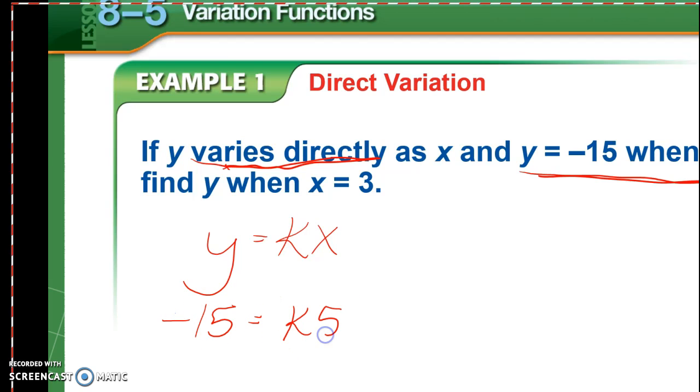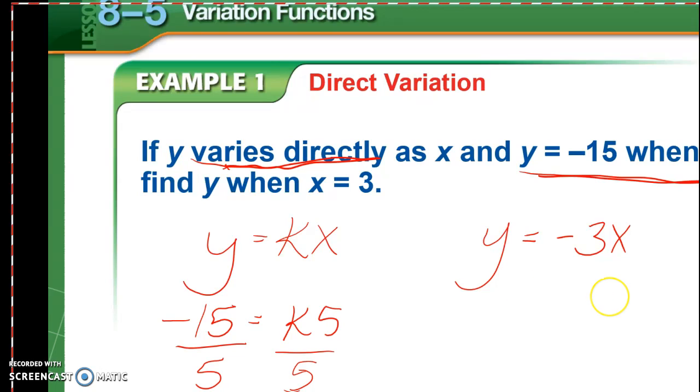So we have this situation that changes all the time the same, and we know when x was 5, y was negative 15. So we'll find our constant of variation. So k equals negative 3. So we know this is our equation for this situation of y and x.